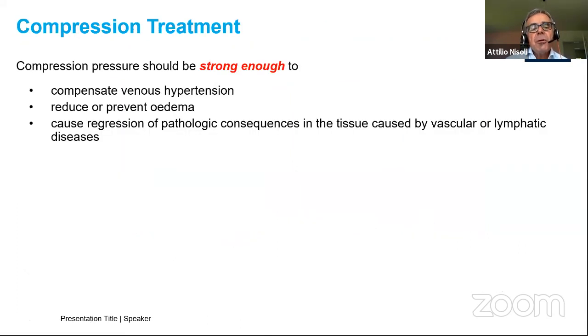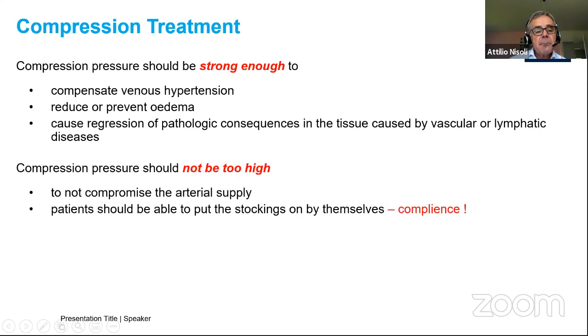How should compression treatment be? It should be strong enough to compensate venous hypertension, what I mentioned before. It should be strong enough that we can reduce or prevent edema, and it should be strong enough to cause regression of pathologic consequences in the tissue caused by vascular and lymphatic disease.